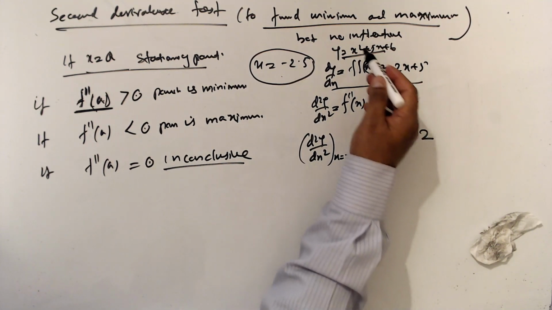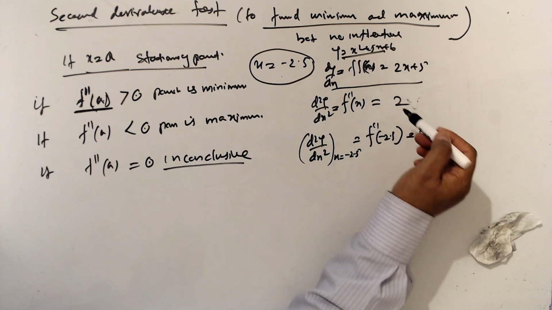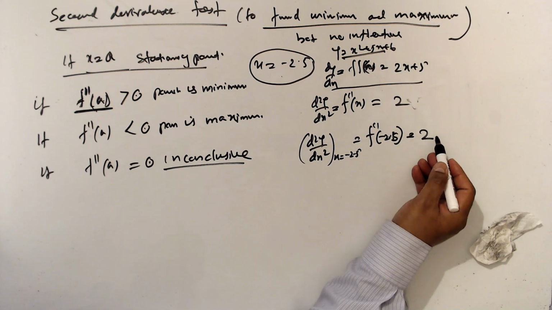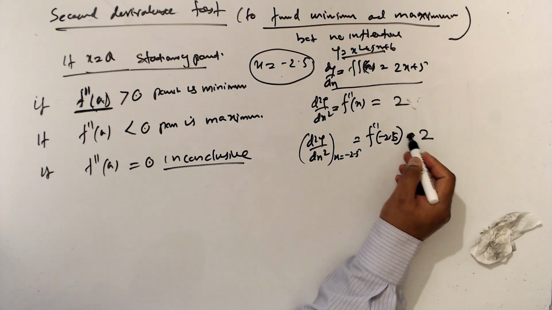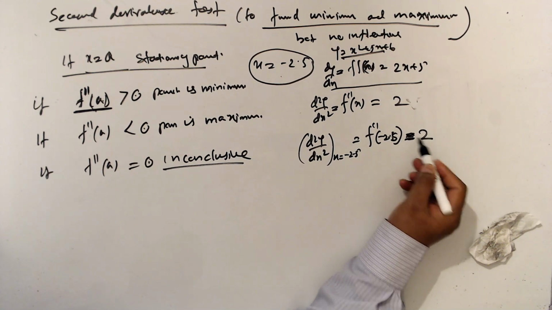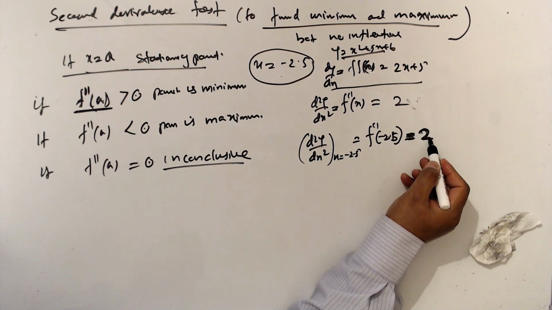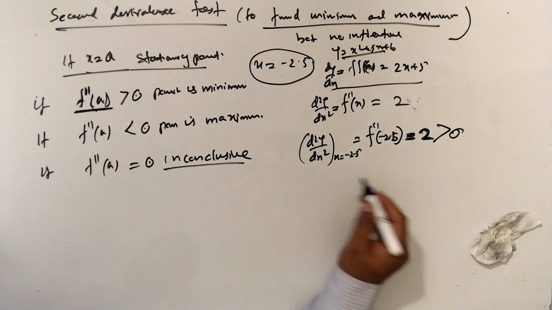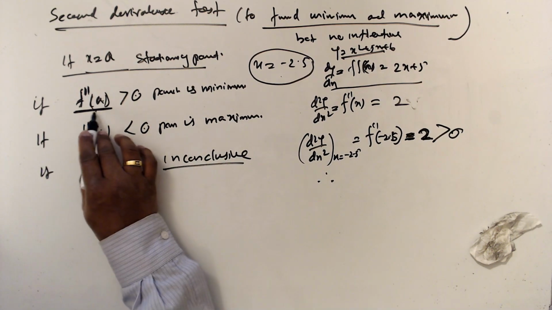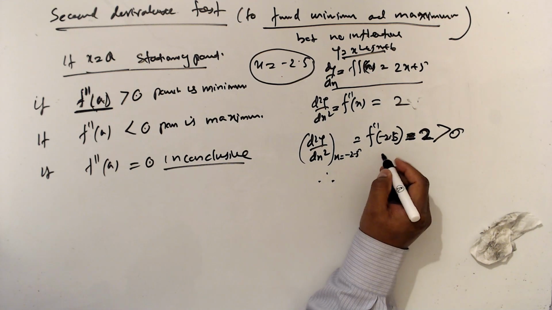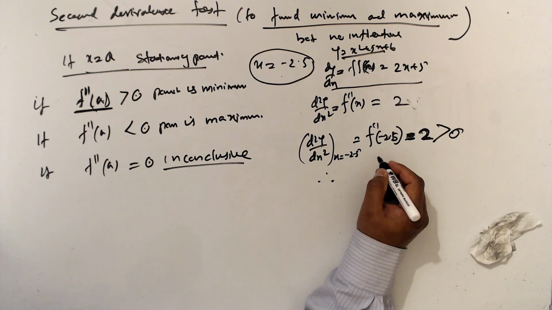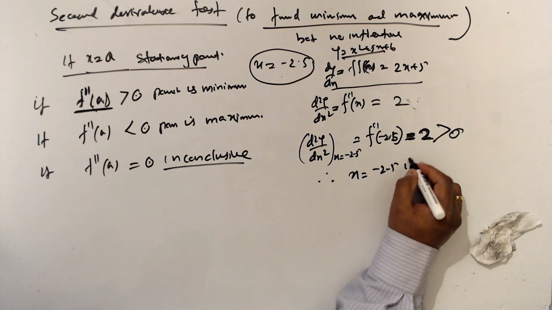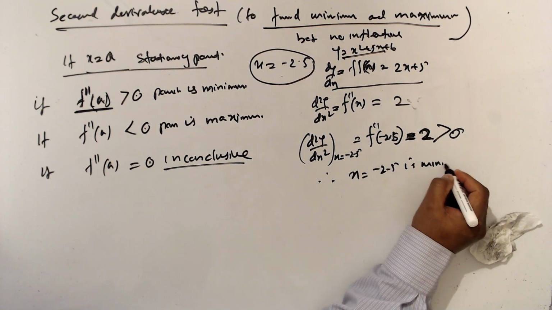If it were x cubed, then the second derivative would have an x to substitute. Unfortunately, there is no x to substitute, so this is fixed. However, we need this value. Now this is greater than 0. Hence, the point is a minimum. x equals minus 2.5 is a minimum.